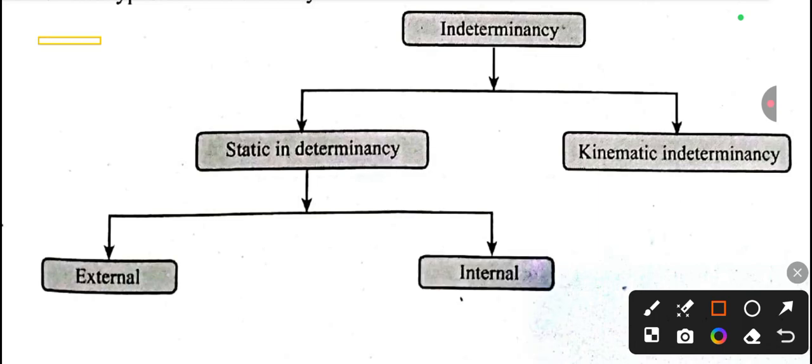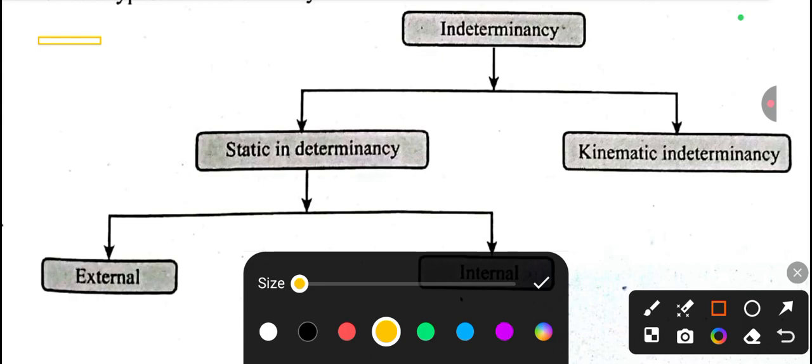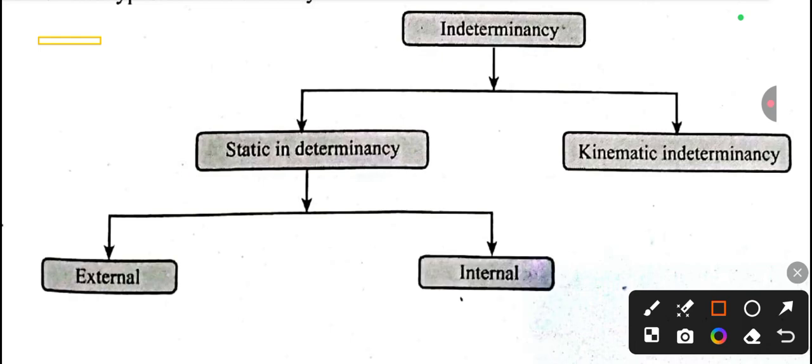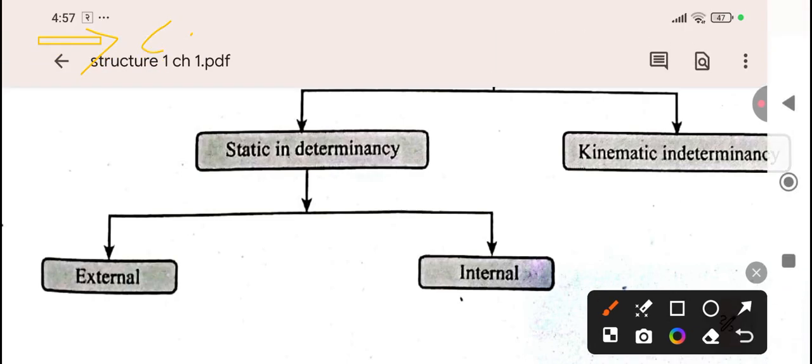First one, this indeterminacy is independent of this. You can say here, first one is CSA.